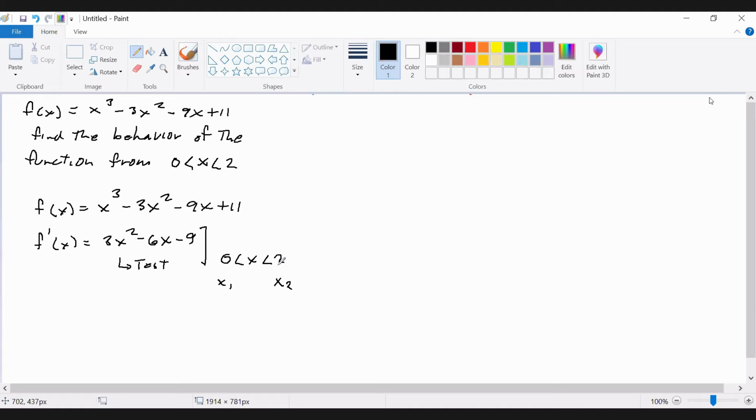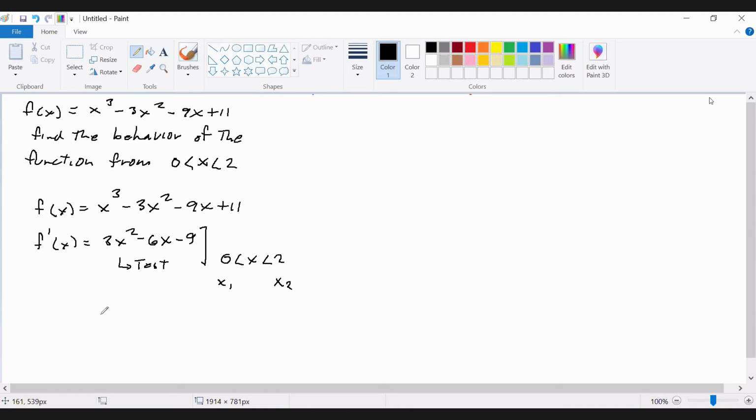Remember, as we go higher in x and the value becomes lower, that's decreasing. If you go higher in x and the value of the function increases, the behavior of the graph is increasing. So let's substitute.